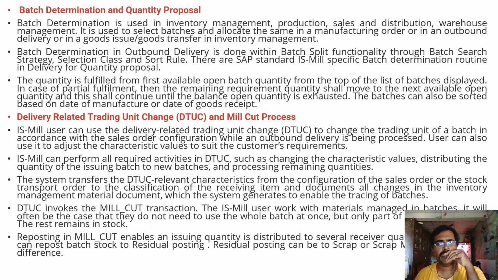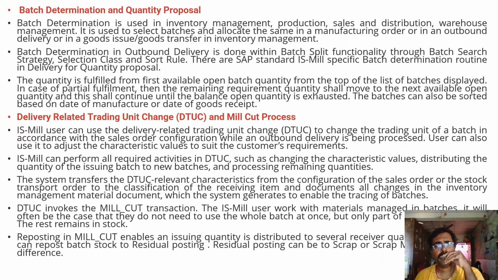So the next characteristic will be batch determination and quantity proposal. Batch determination is used in inventory management, production, sales and distribution, and warehouse management. It is used to select batches and allocate them in the manufacturing order, in an outbound delivery, or in a goods issue or goods transfer in inventory management.